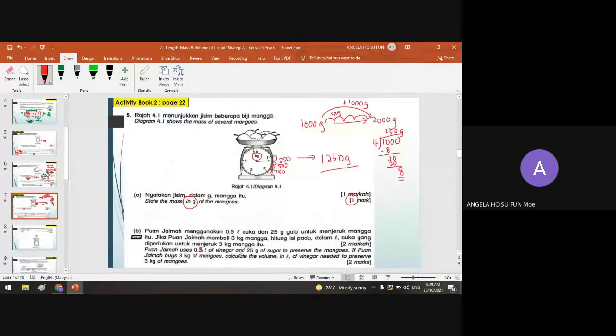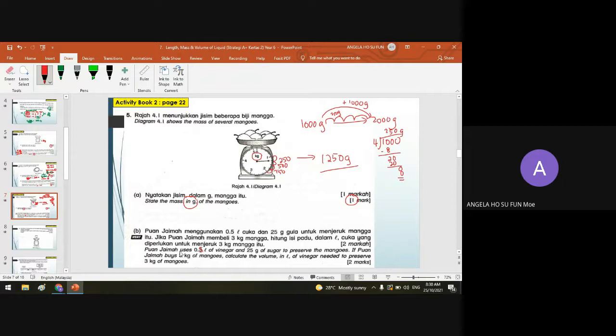That's why sometimes you have to compare also. If you cannot get the exact answer, you have to see whether something is wrong with the reading or the number. Now, Jaima wants to preserve the mangoes, maybe by pickling with vinegar and sugar.